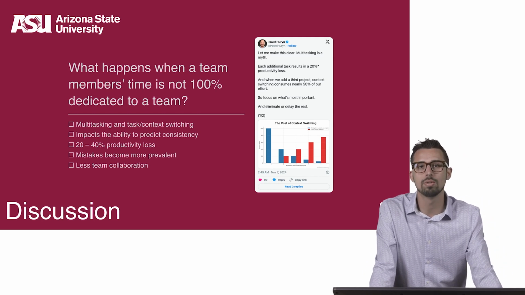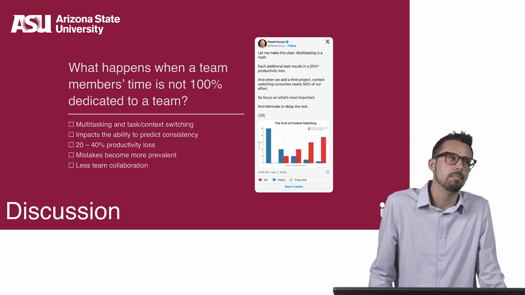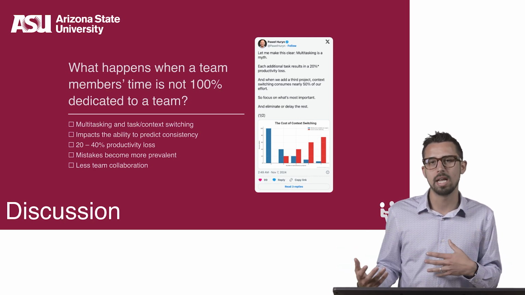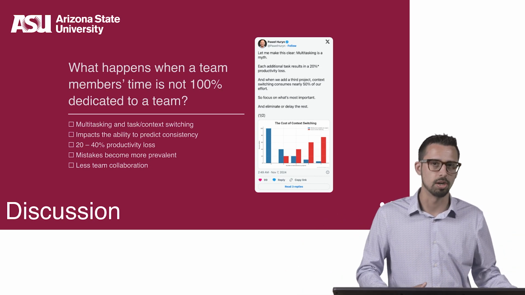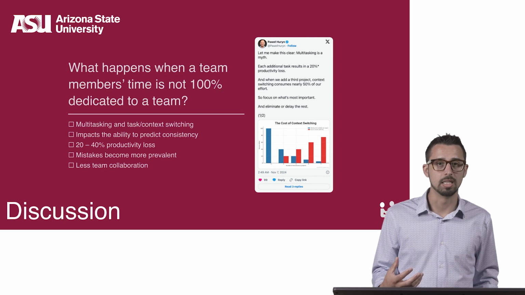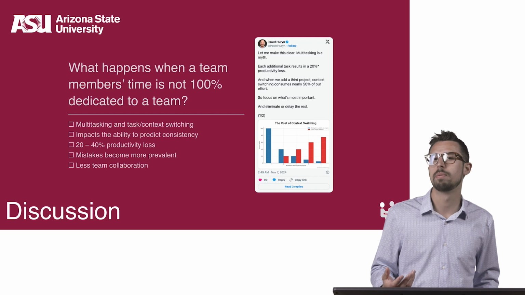Multitasking slows the progress of the entire team because team members waste time doing what's called context switching and/or waiting for each other to finish work before the other can get started. When people are 100% dedicated, the team has the fastest possible throughput.